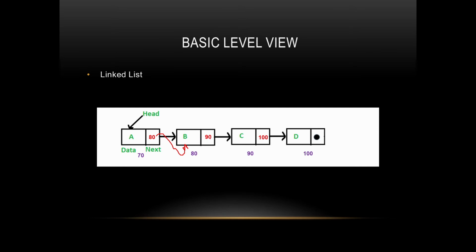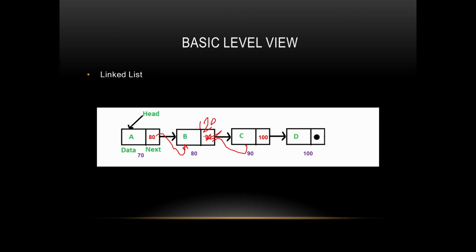Next, in B's next part there is 90, which is the address of the next node, the C node. So this part will point to the address 90 and the node over there. So this is how a linked list is used. Now let's talk about what happens if this 90 becomes something else, something like 120.